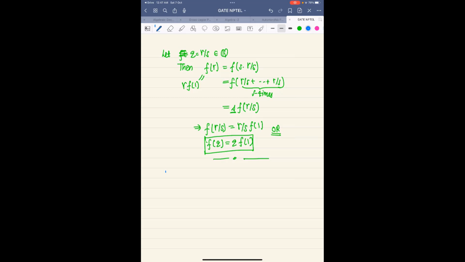Okay. Now f is non-trivial. What this means is that f of 1 is non-zero, because if f of 1 was 0, then everything will go to 0. Now we check injectivity.